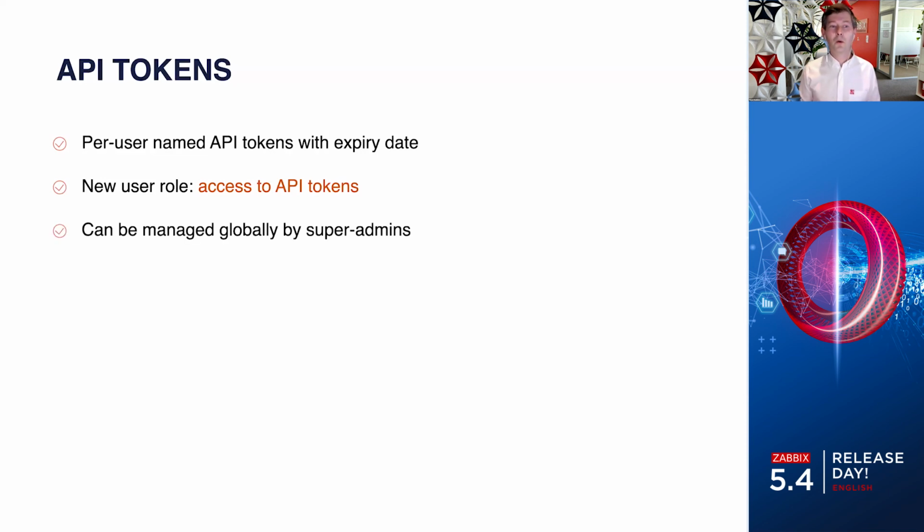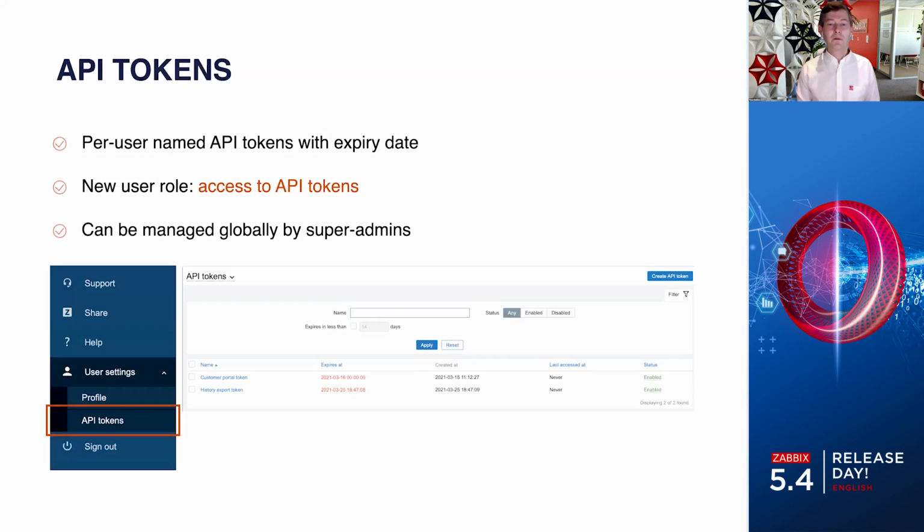And of course, all tokens can be managed globally by superadmins if you have permissions. And also we have introduced a new user role. So we may define in a very understandable way what users have permissions to operate with API tokens, and what users do not have such a permission. And that's how it works.